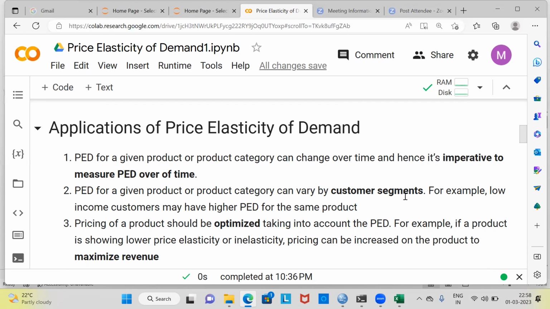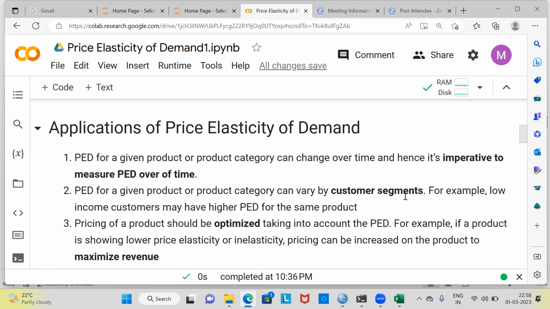The same argument holds good even for the rich and affluent. Their reaction to increase in price may be totally different. And hence we are saying that PED for a given product is not a constant for different customer segments. It will vary for each and every customer segment.